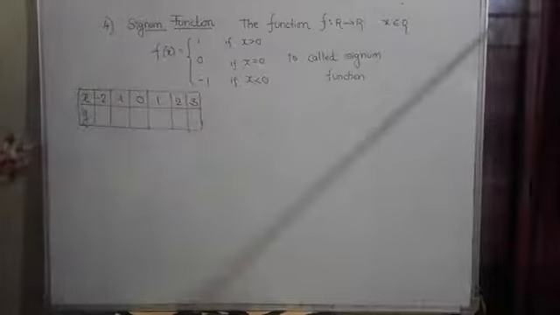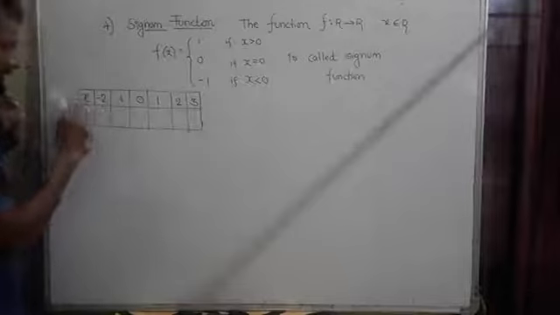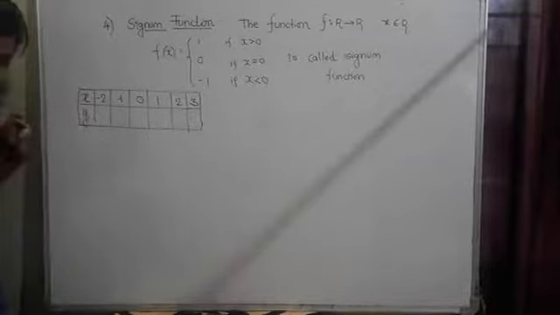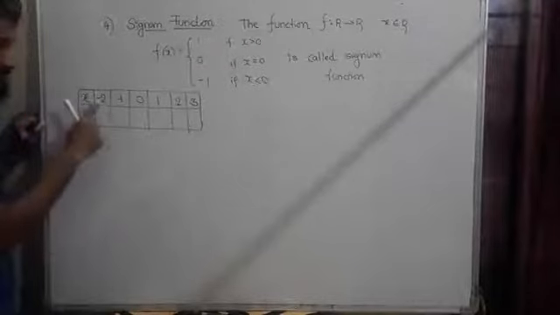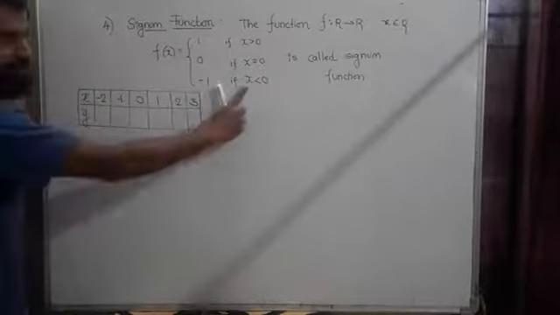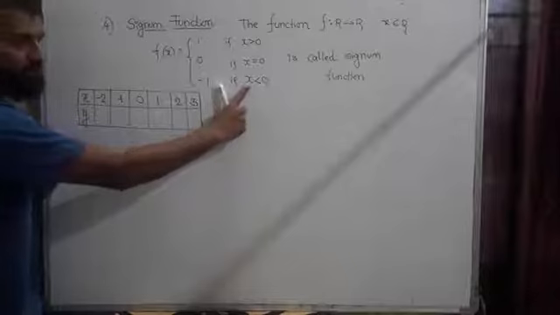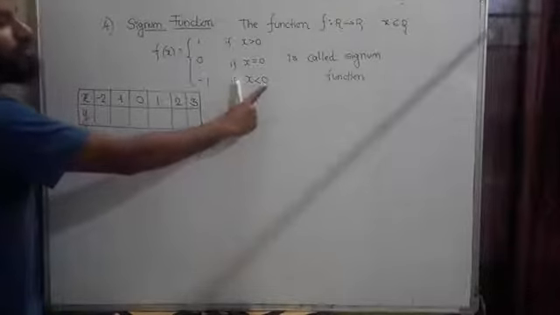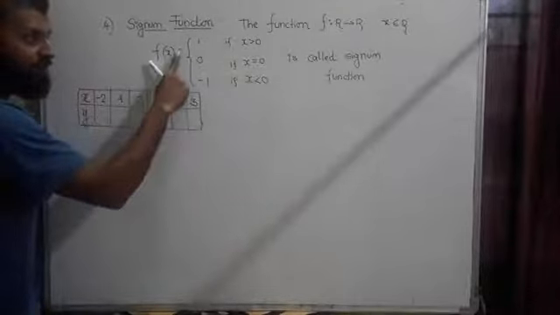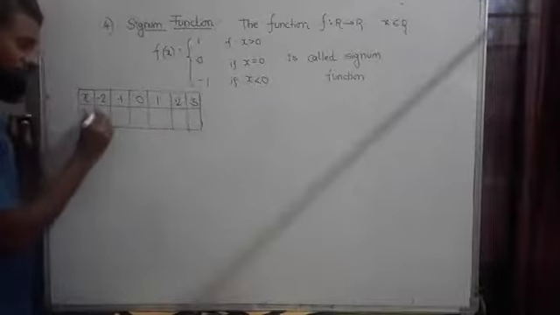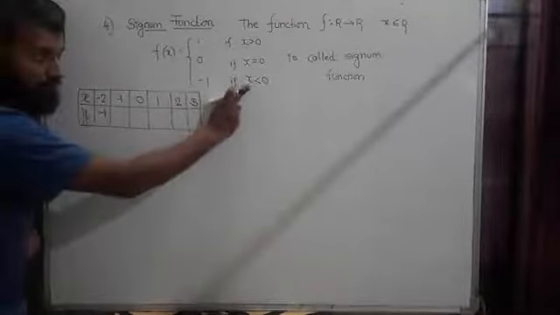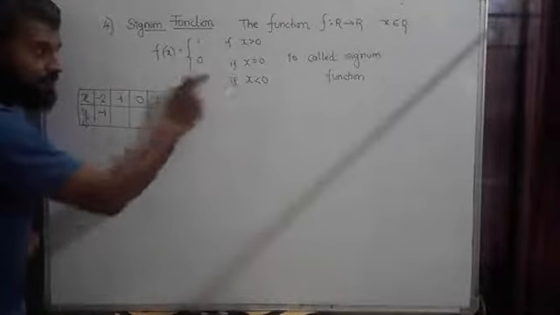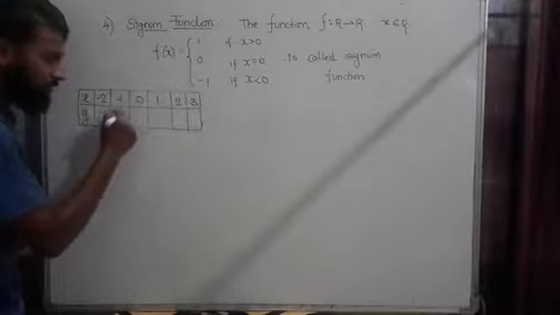Tell me, if I take x as minus 2, which condition will hold good? Minus 2 is less than 0, so this condition will hold good. In that case, f of x will take the answer as minus 1. If I take x as minus 1, minus 1 is less than 0, so again f of x is equal to minus 1.